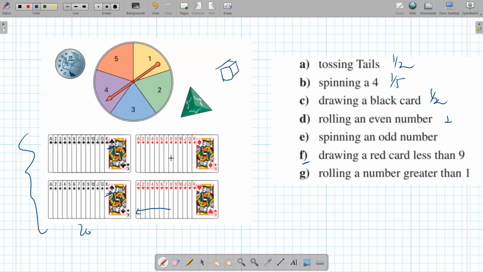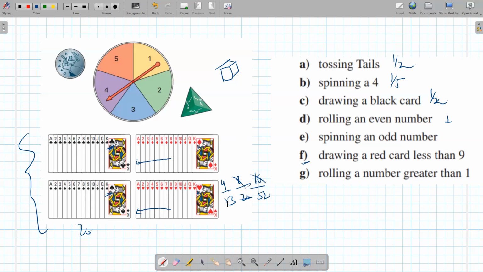It's probably going to be an even number: 1 to 8 on the bottom and 1 to 8 on the top. So that means there's 16. And in a deck, there's always 52 cards. You can reduce to 8 over 26, and 4 over 13 would be the final answer.